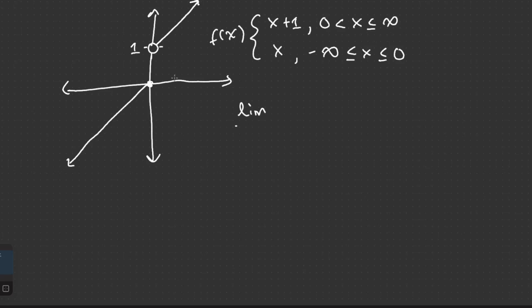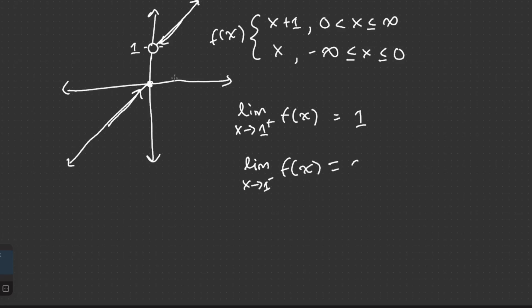If we write the limit as x approaches 1 from the right side, let's look at this graph. On the right side, oh, look at that. We're going to 1, right? So the limit from the right side is 1. Let's look at the left side. The limit from the left side is 0.